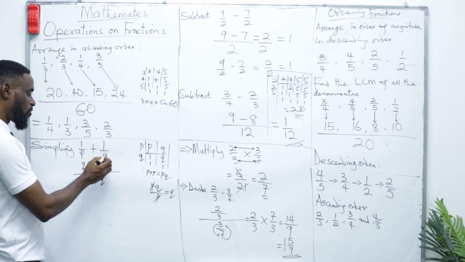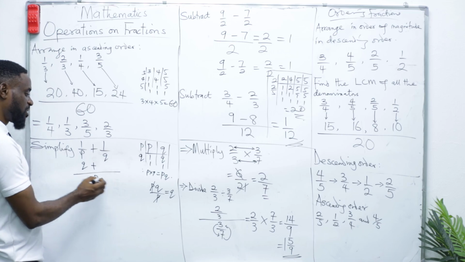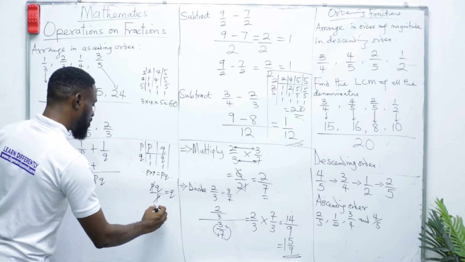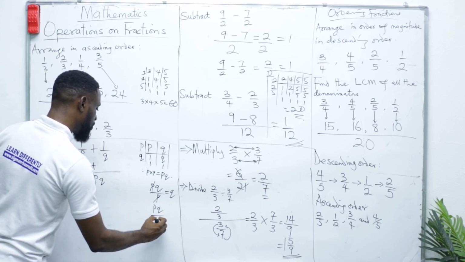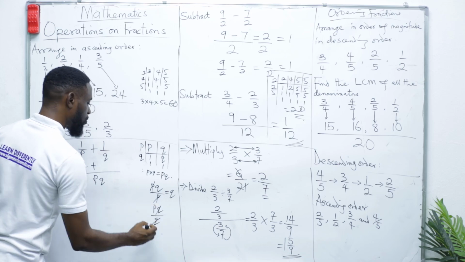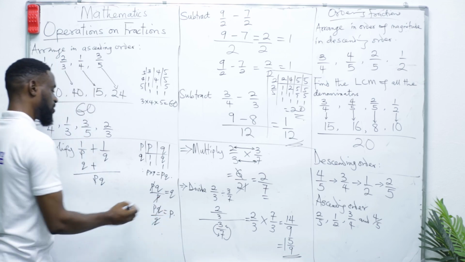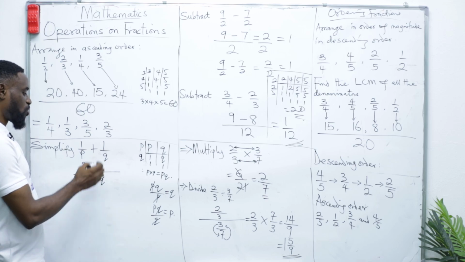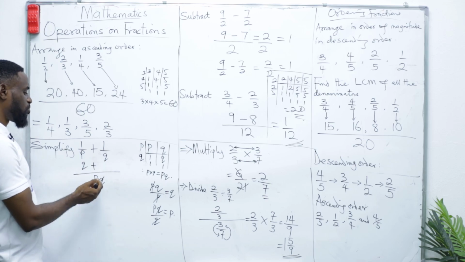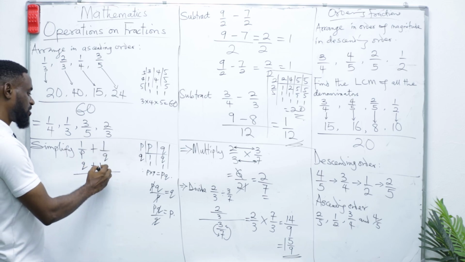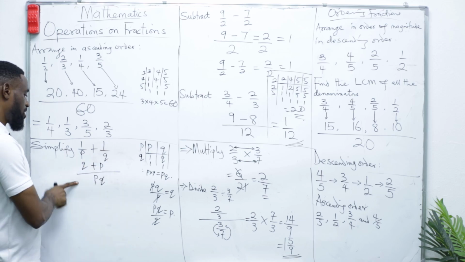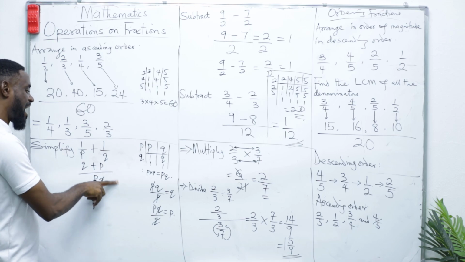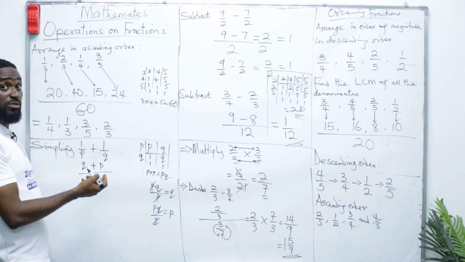Then here we go. Q divide PQ is PQ all over Q. So Q will remove Q to remain only P. Okay? So Q divided by PQ, Q will go off, only P will be left. P times 1 is still P. Now, what we do is add the two numerators.